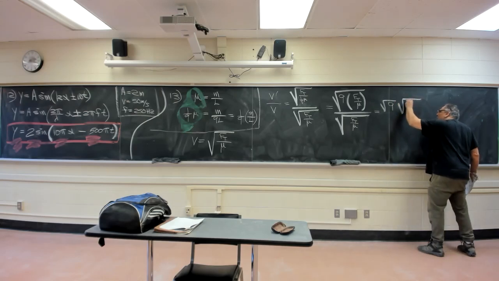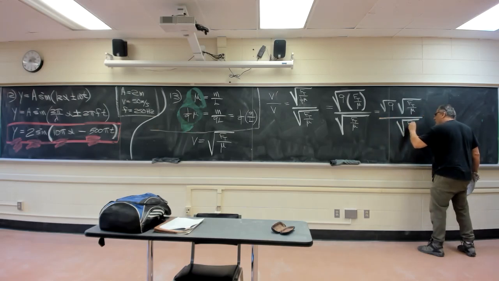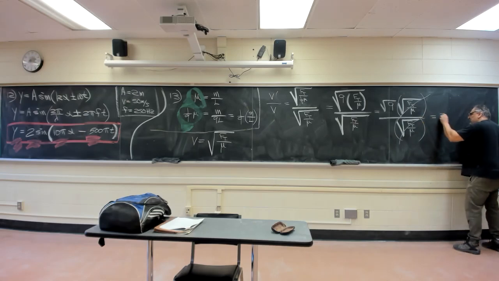I guess there's a number of ways to go here. Let me opt to go this way. This is identical to that, and the square root of 9 is 3.